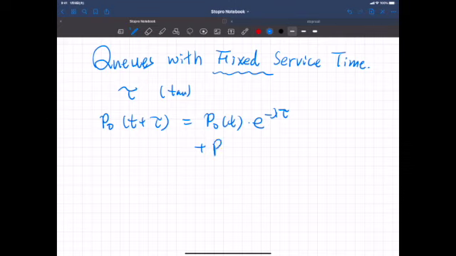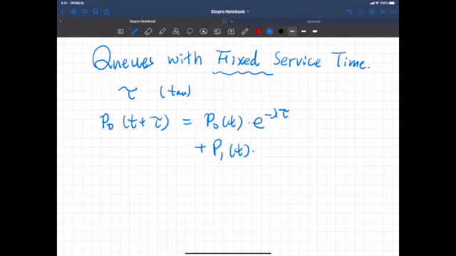Or there was one customer and that customer leaves, and wait a minute, there was one customer and that customer is served, and no new customer arrives.